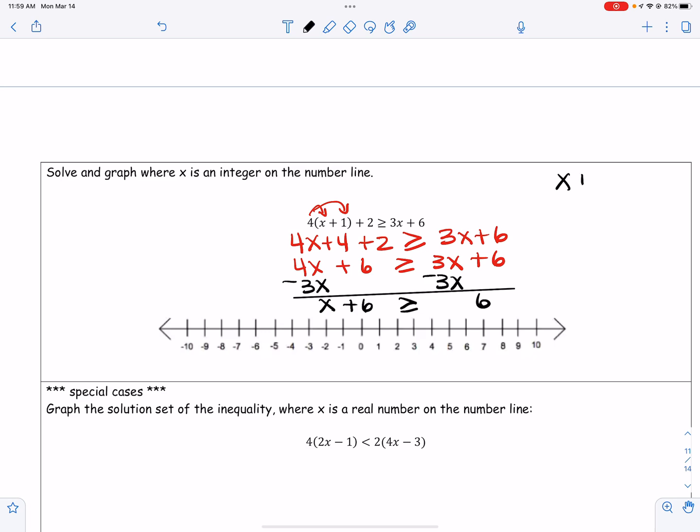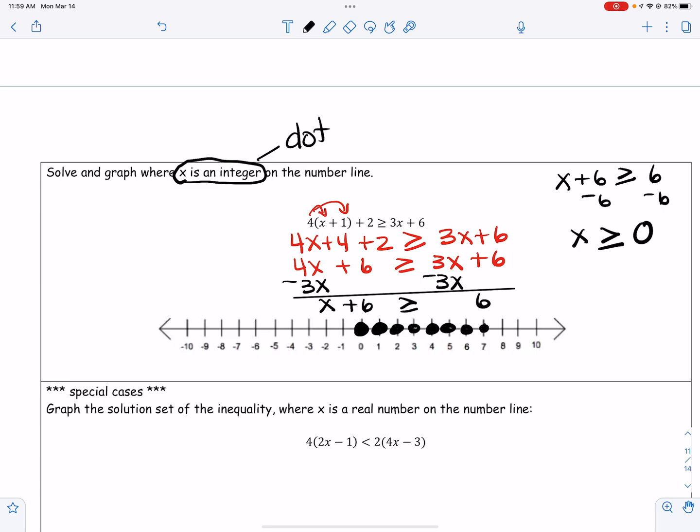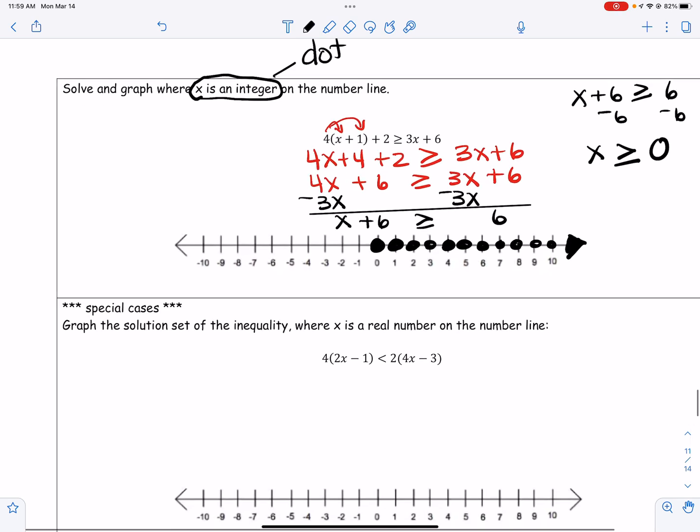And it's okay to get 0, and that's what's going to happen. I'm going to get x is greater than or equal to 0. I see x is an integer, so I know I'm going to dot, and I'm going to have dots on everything and including 0 to the right. So luckily, you guys don't have to dot these. They'll be dotted for you.